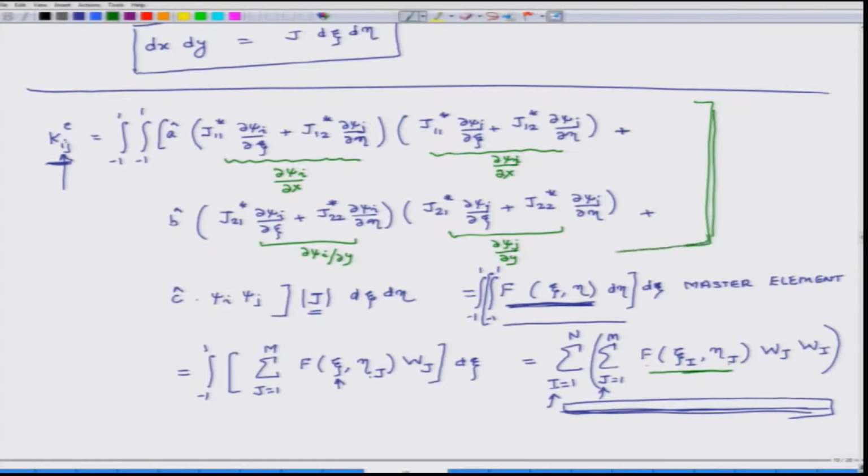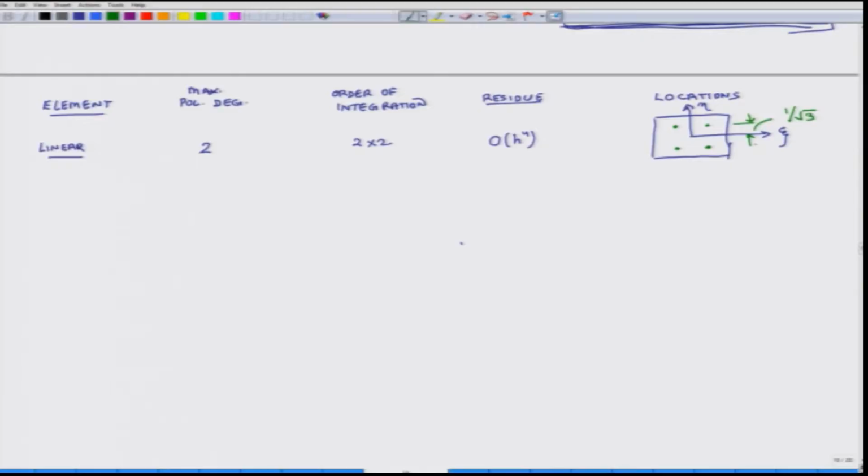So I evaluate this entire complicated expression, not the integral but the integrand, at these 4 points, and at each point I multiply it by this Gaussian weight, and these Gaussian weights we have given to you in our earlier discussion on Gaussian integration. So these are standard weights. I do this and I get my integral.